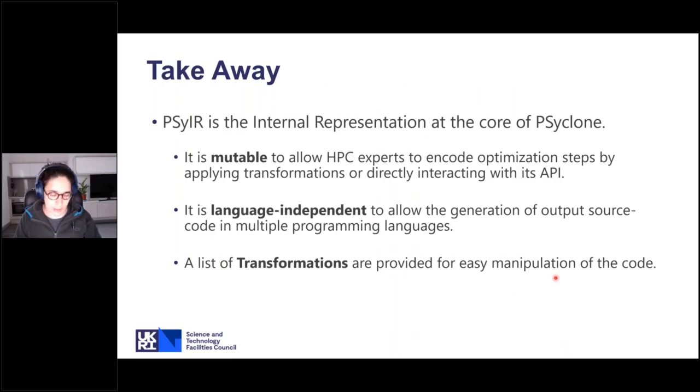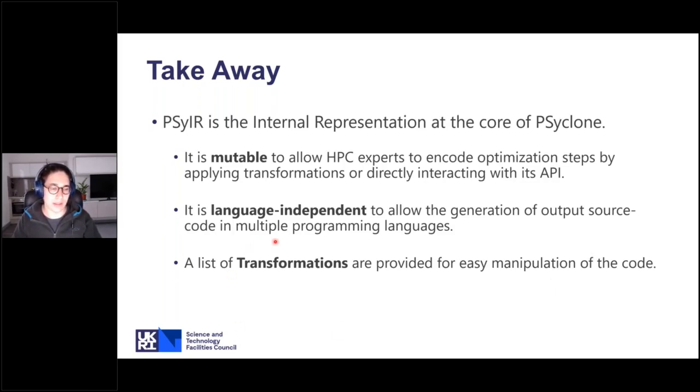I know that was a lot of information, but if you remember something from this presentation, it is that PSyIR is the internal representation, and it's the building blocks at the core of Cyclone. The PSyIR is mutable, and this is by design. It is to allow the HPC experts to do manipulation of the source and to encode their optimizations and transformations to programmatically apply these transformations to different code.